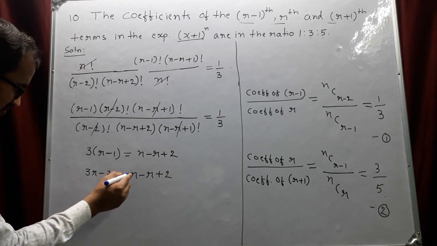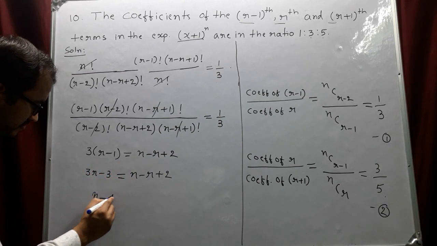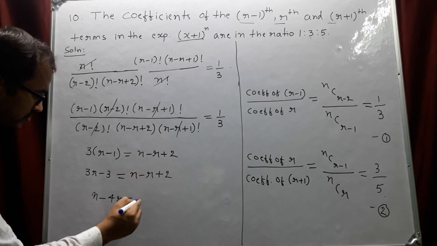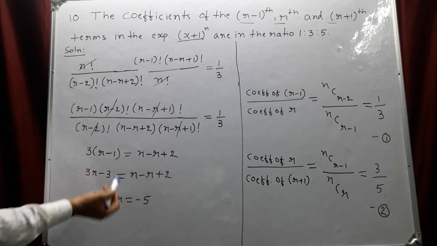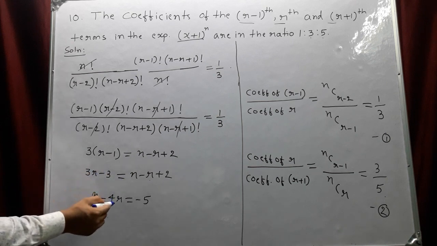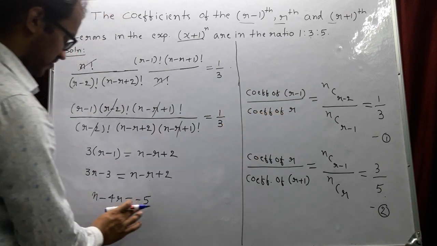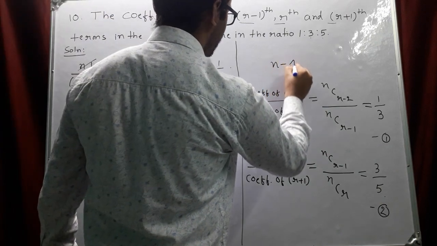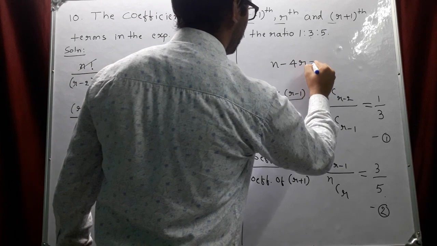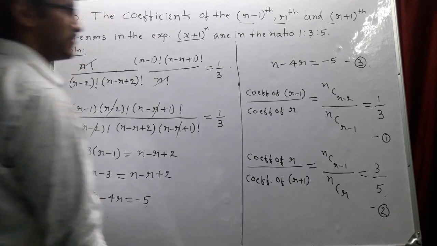Or if you simplify, what we can write? n minus 4r is equals to minus 5. So we are taking 3r to RHS and 2 to LHS. So what we will get? n minus 4r is equals to minus 5. Consider this as equation 3.